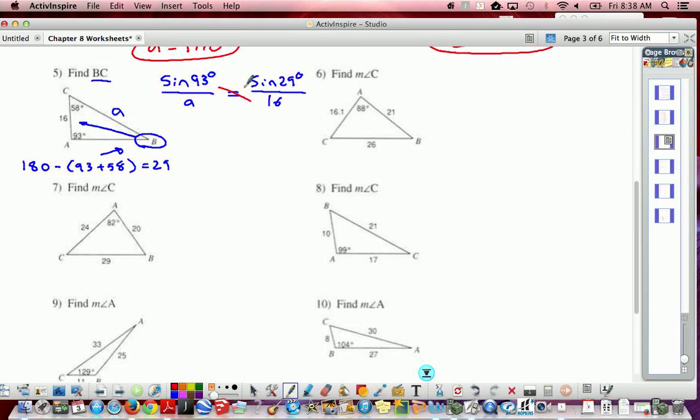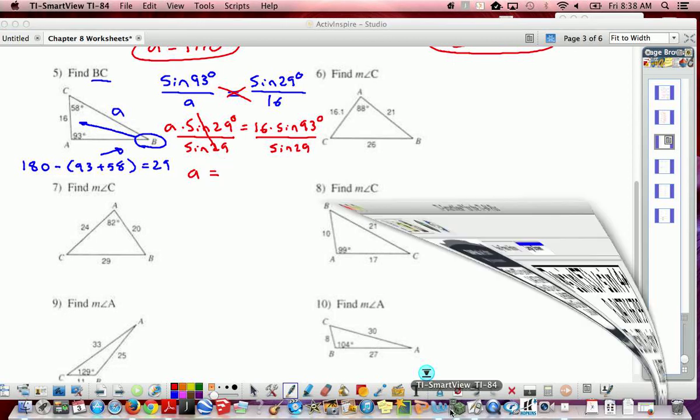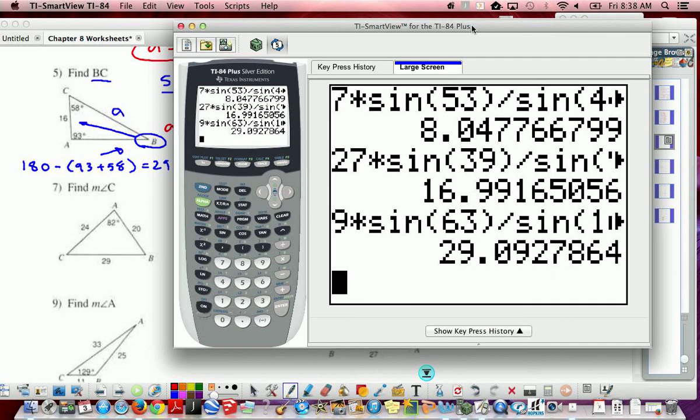So again, cross multiply. So a times sine of 29 degrees is equal to 16 times sine of 93. Divide both sides by sine of 29. Cross out, so a equals, plug it into our calculator, 16 times sine of 93.